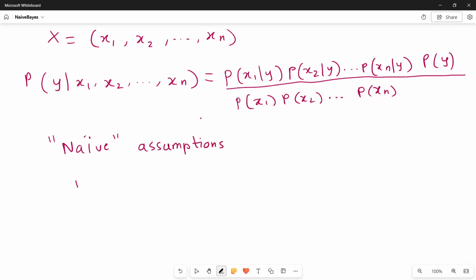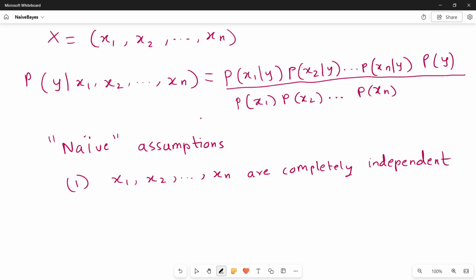What are the two naive assumptions? The first naive assumption is that x1, x2 up to xn, all the features, are completely independent of each other. One feature does not influence another.